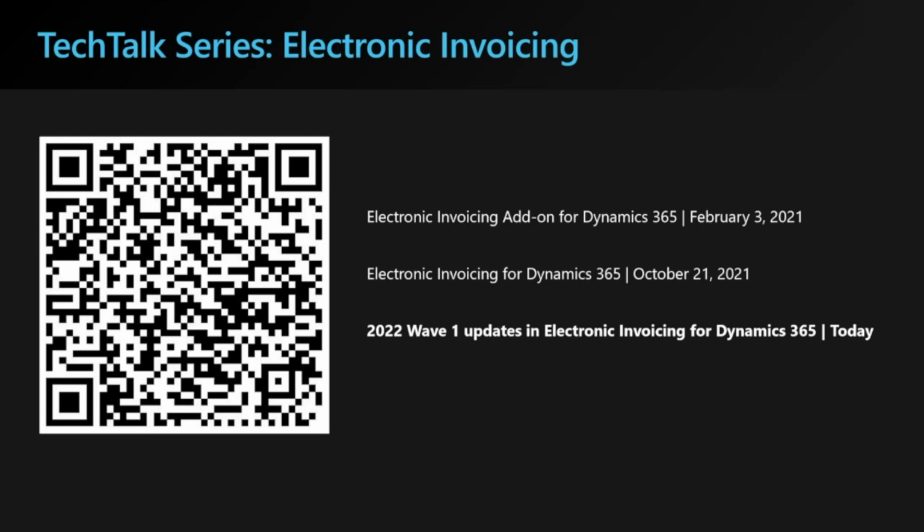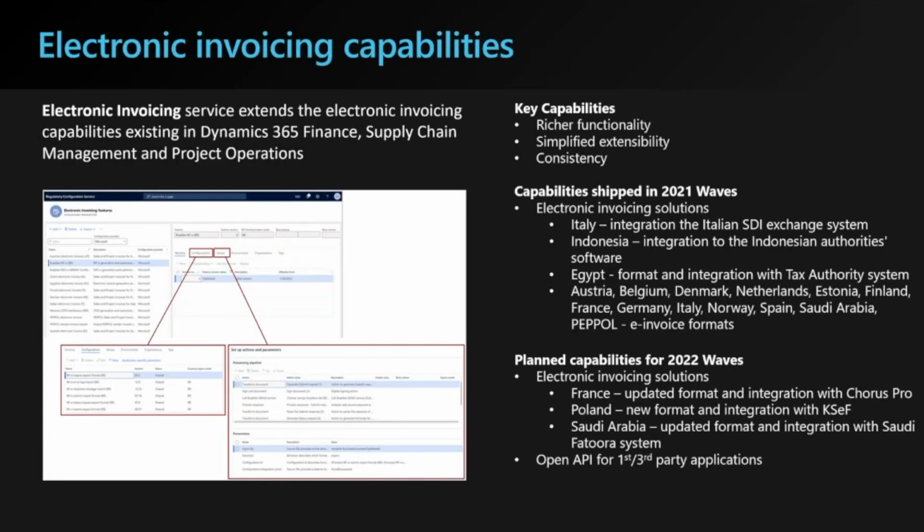Let's start with the promised refresher. Electronic invoicing for Dynamics 365 is a service made generally available last year as a component of Globalization Services portfolio based on microservices platform. It extends electronic invoicing previously available in Dynamics 365 enterprise applications.